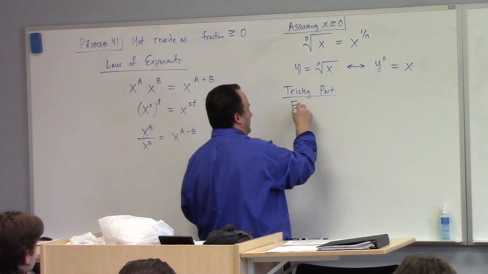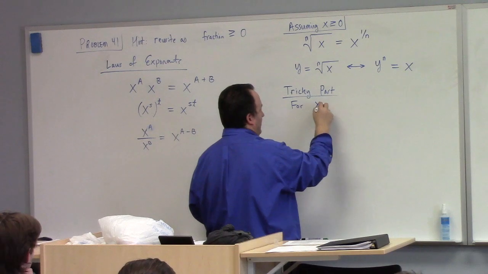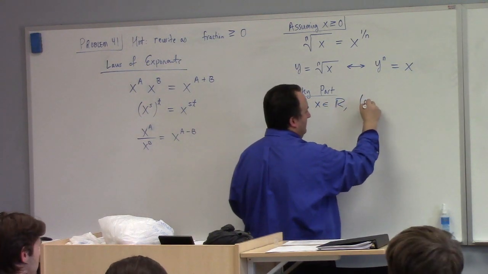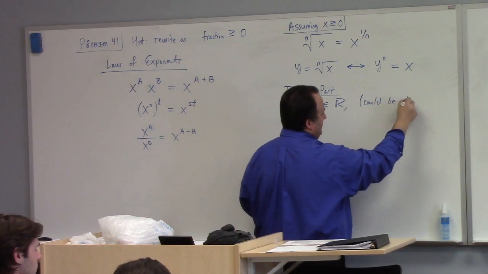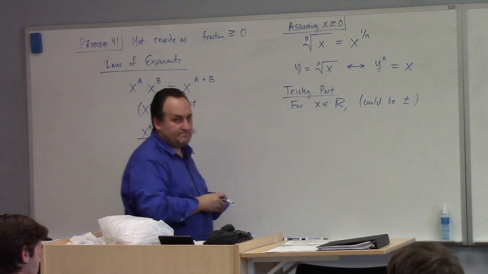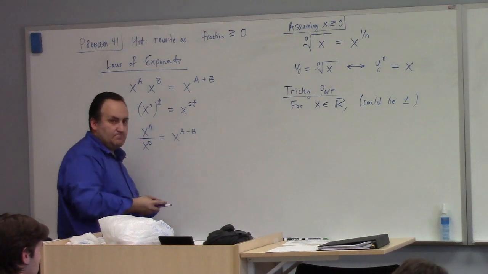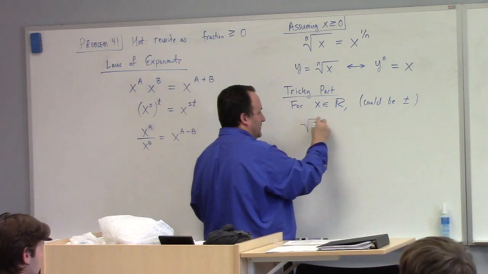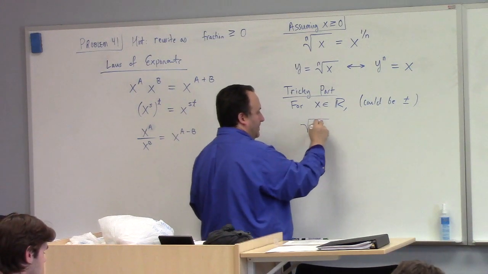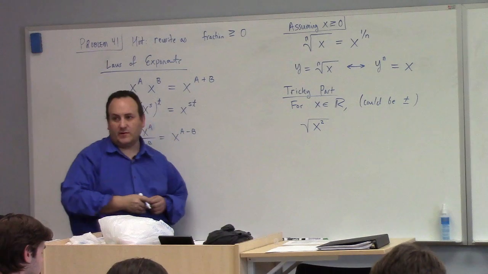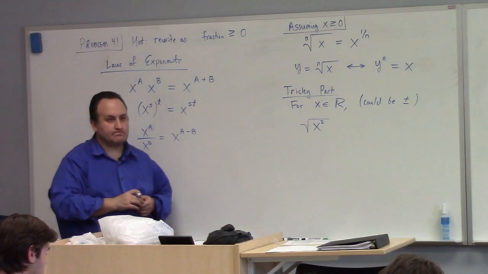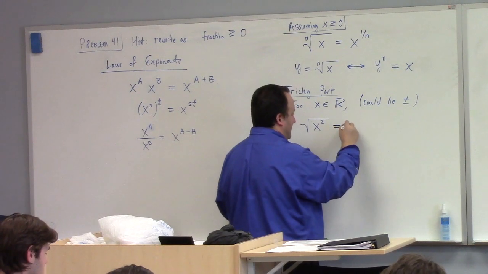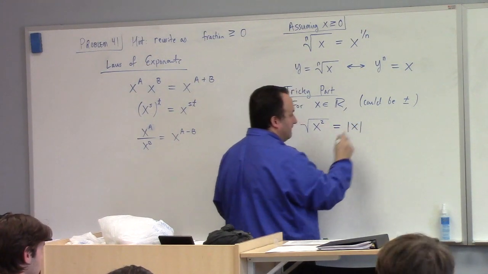This is for x a real number, so it could be positive or negative. The square root of x squared, what is the square root of x squared? X, you say, and I say sometimes, but generally it's the absolute value of x, actually.